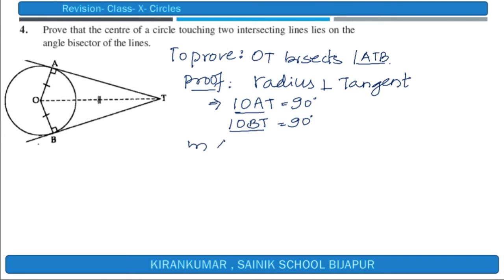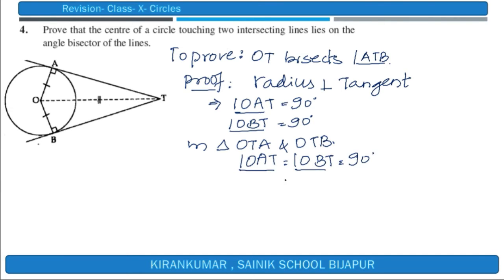Now in the triangles OTA and OTB, we have angle OAT equal to angle OBT, both equal to 90 degrees. There is a common side OT, so OT is equal to OT. And we have OA equal to OB, they are the radii.